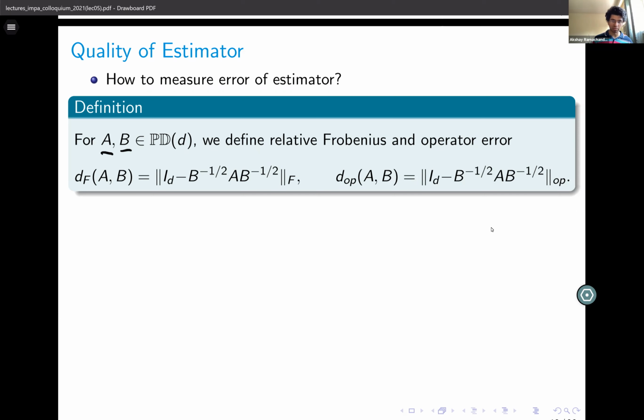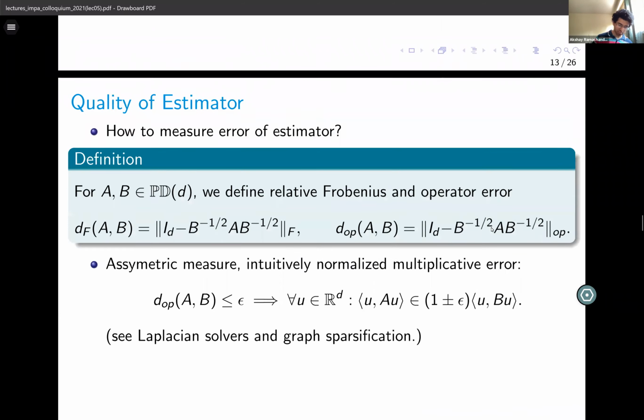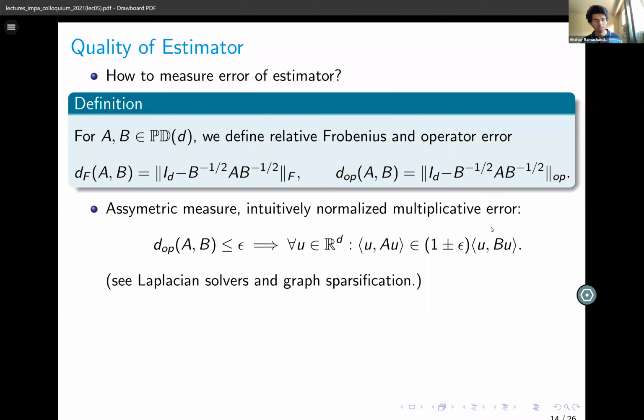This should look kind of familiar based on the geodesics we've been studying, but I'll give some intuition for where they come from. It's an asymmetric measure, and it sort of tells you some sort of multiplicative error, right? So if the eigenvalues of B, let's say, are small in some direction, then you want to measure it well in that direction. Or if they're large in that direction, you want to be close multiplicatively. So if the eigenvalues of B are small, you're allowed to make a smaller error.